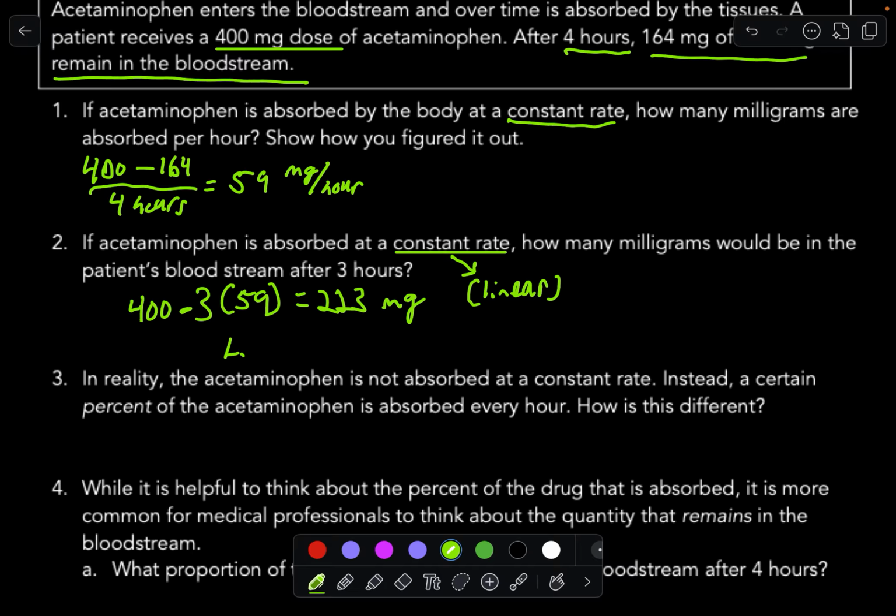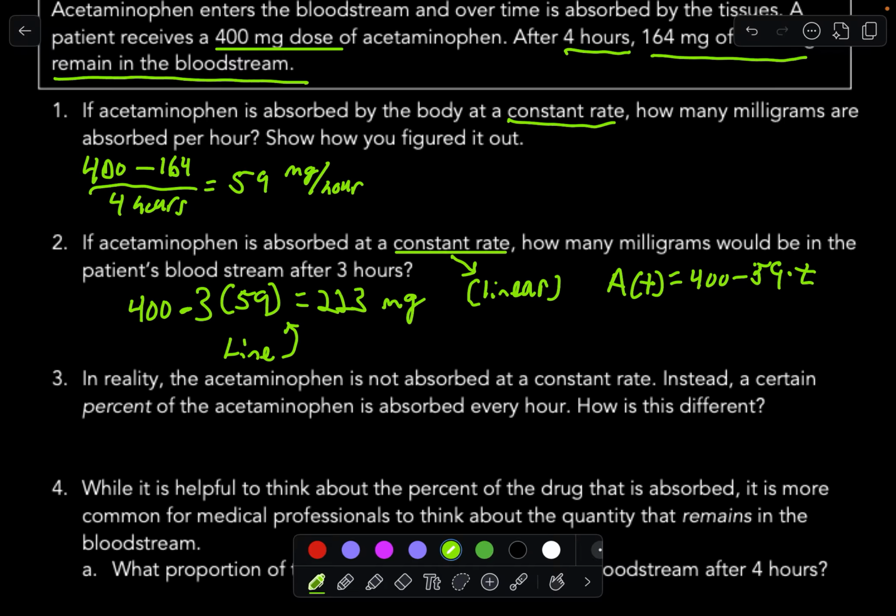This is a line. Equation of a line right there. You could say the amount of acetaminophen absorbed, I guess I'll call it the absorption rate, A, as a function of time, T, would be 400 minus 59 times t.